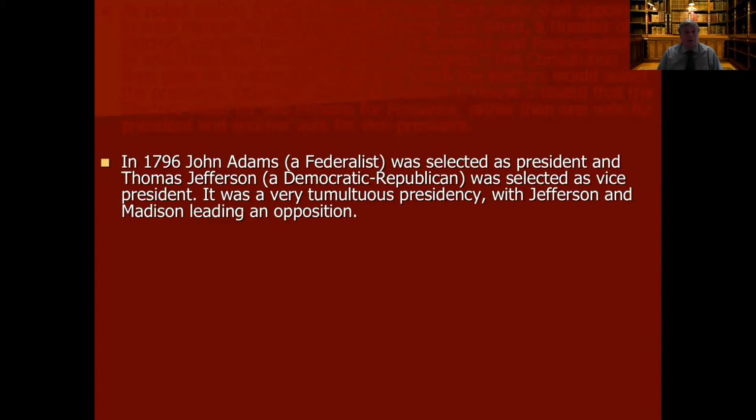Needless to say, it was a very tumultuous presidency, with Jefferson and Madison leading an opposition to John Adams. So the vice president was not on board with the same political party. And note that political parties had begun to emerge during the Washington administration around 1793 or so.